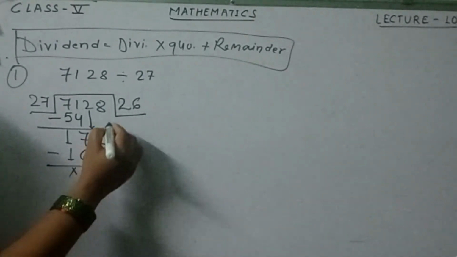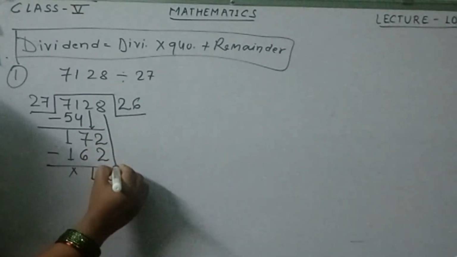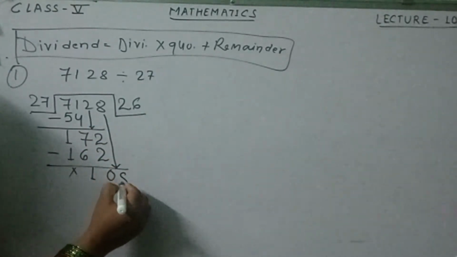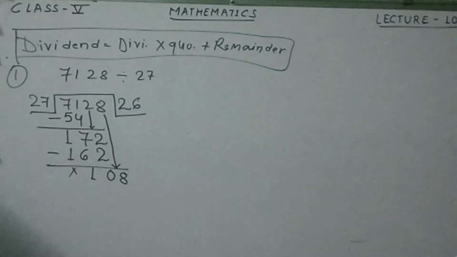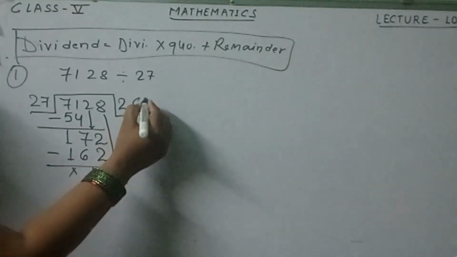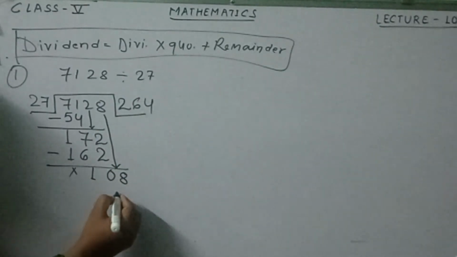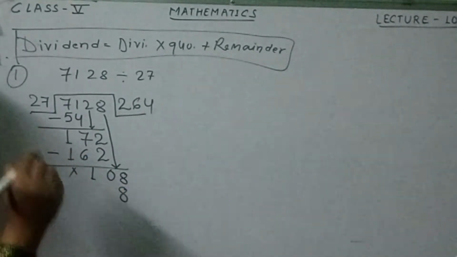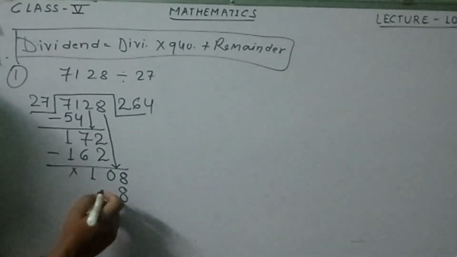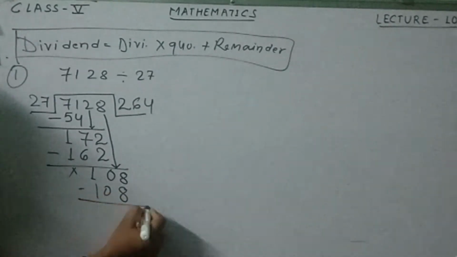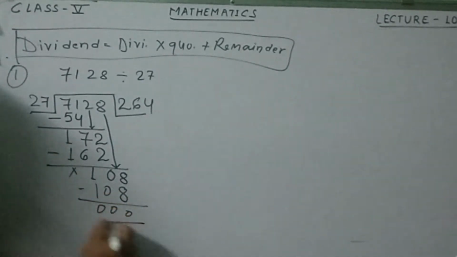Cancel it. Then the next number comes down. Here you write 8, and again multiply on rough paper and see, it will be 4 times. 4 sevens are 28, 8, 2 is carry, 4 twos are 8 plus 2, 10. 0, 0, 0.